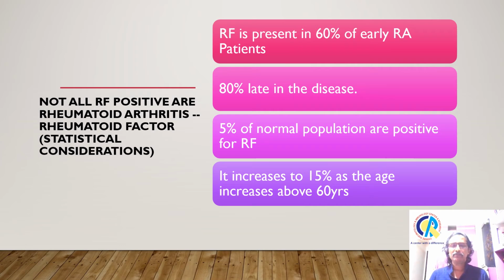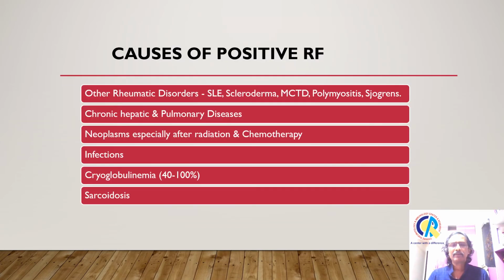So we need to make ourselves clear that rheumatoid factor is not a specific test, but it is one of the criteria. If it is present with other clinical criteria fulfilling the ACR-EULAR criteria, one can consider rheumatoid arthritis as a diagnosis. There are several other conditions where rheumatoid factor could be positive.